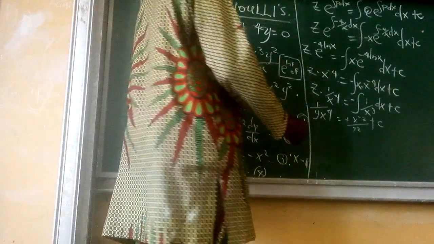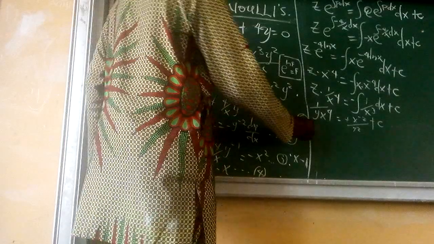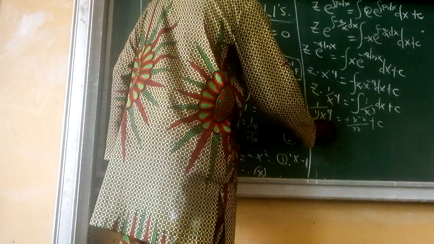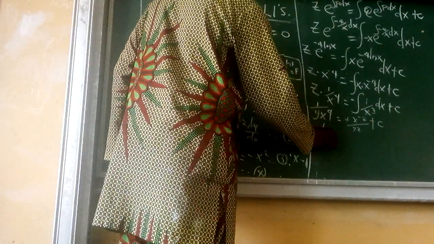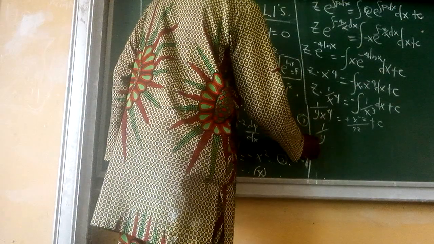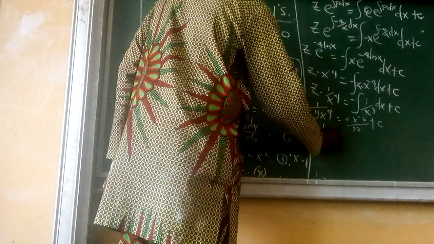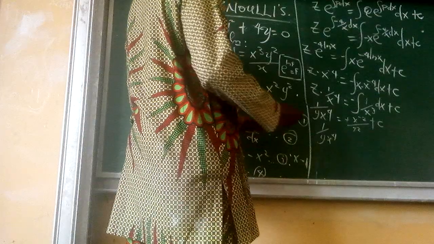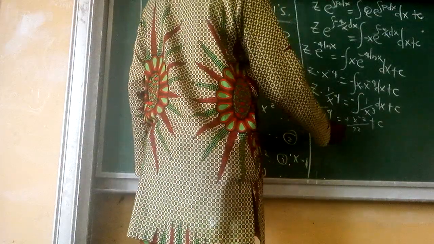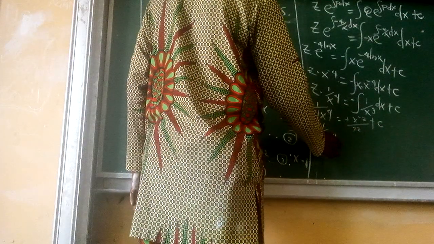So we progress to get 1 over y, which is 1 over y multiplied by x raised to the power 4. Or of course, you could multiply both sides by x raised to the power 4 if you wish, and by implication x raised to the power 4 cancels x raised to the power 4.